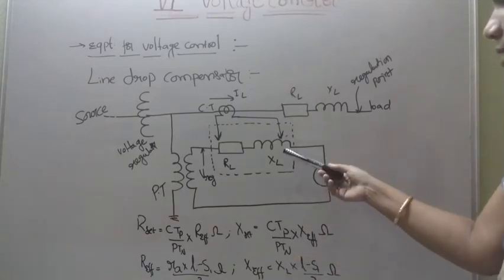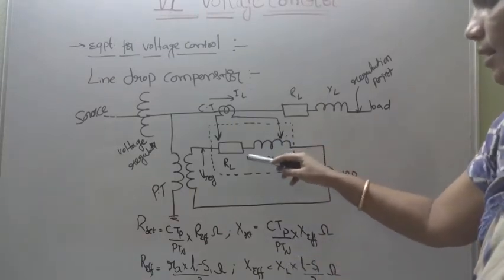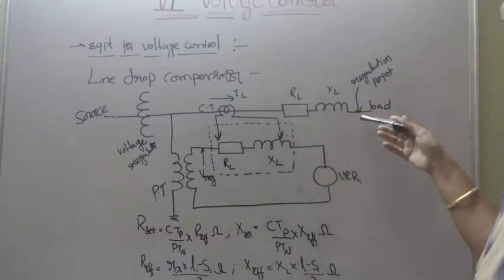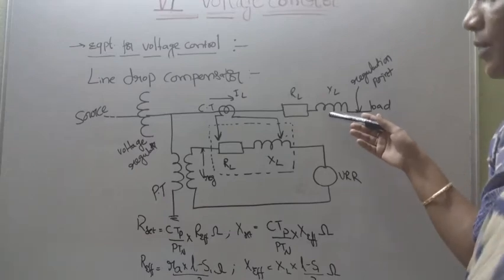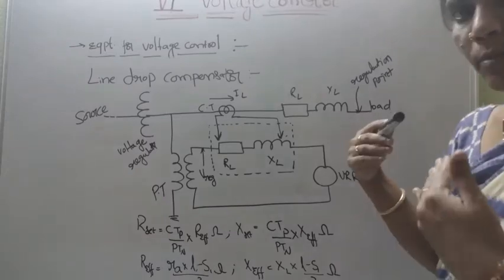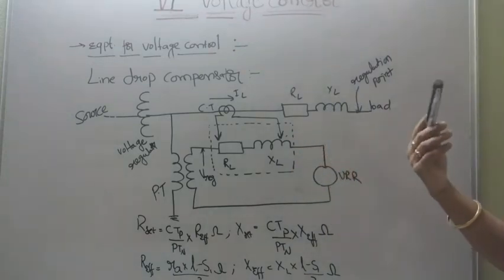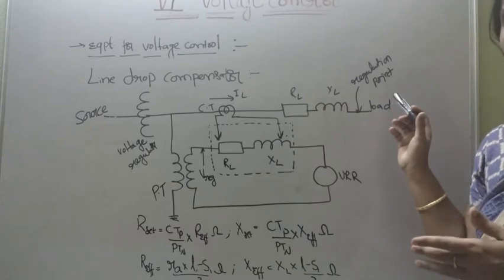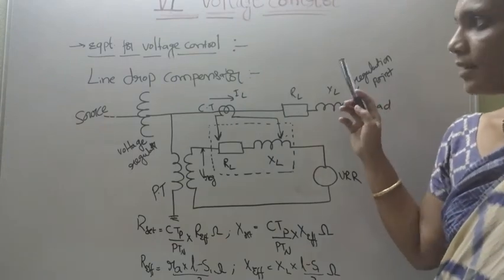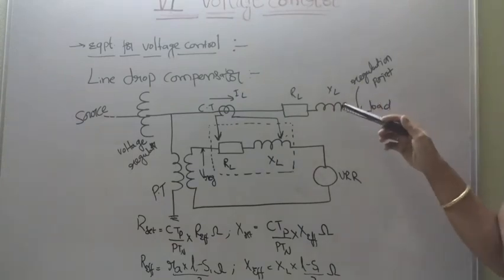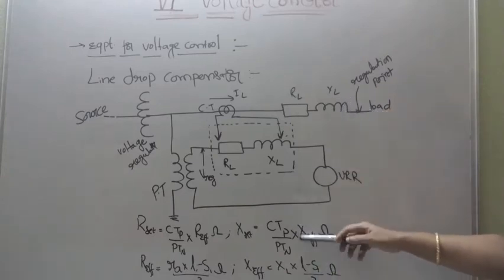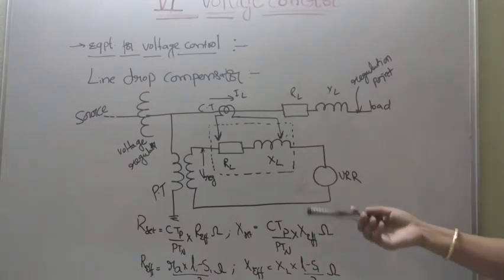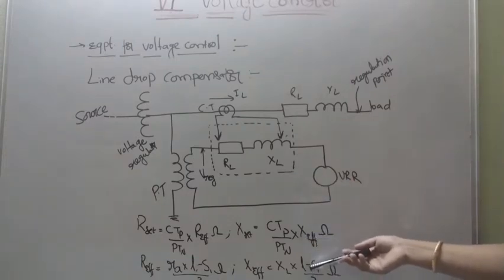By changing these dial settings of resistance and inductance, we can compensate the line drop in the feeder. This is the function of the line drop compensator: to maintain constant voltage throughout the line or feeder. This is very important from the examination point of view. You have to practice these two formulas, as we have problems on them.